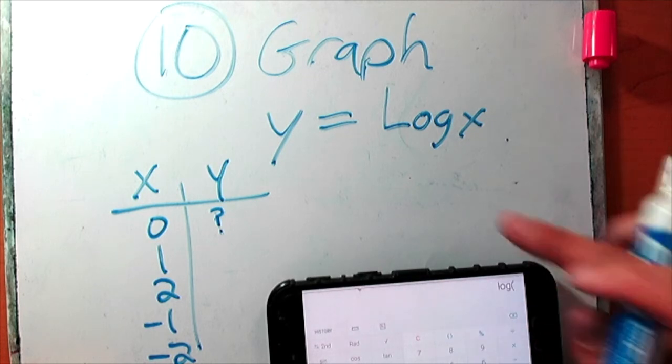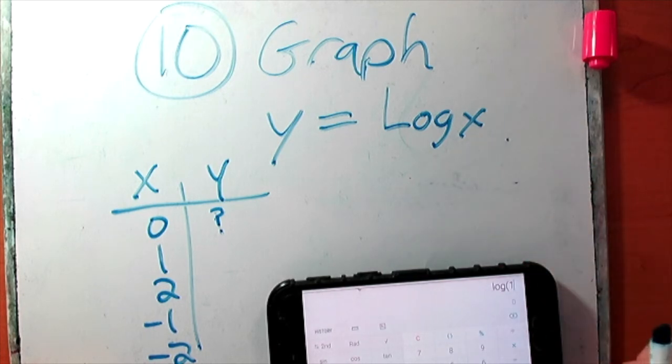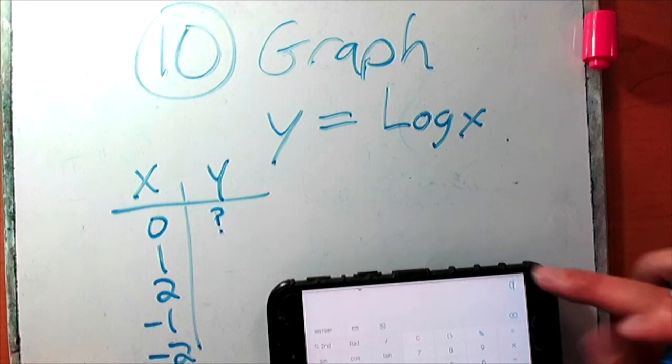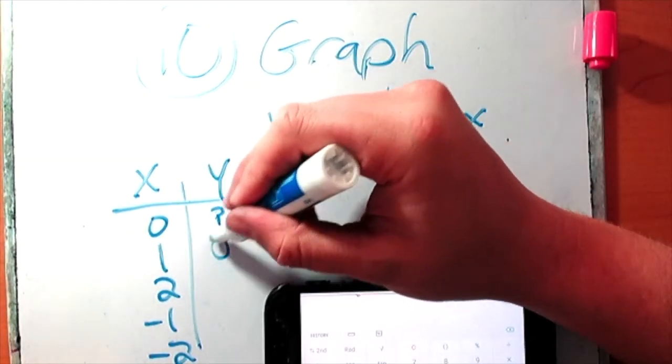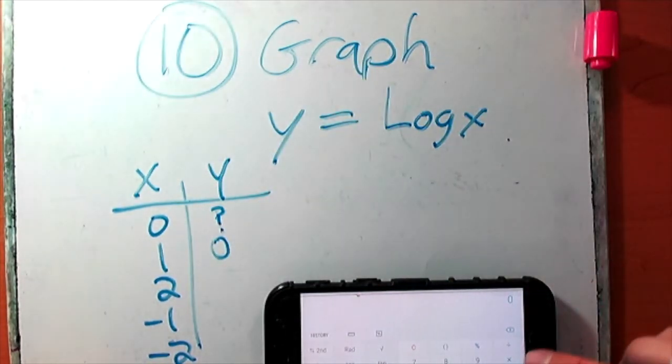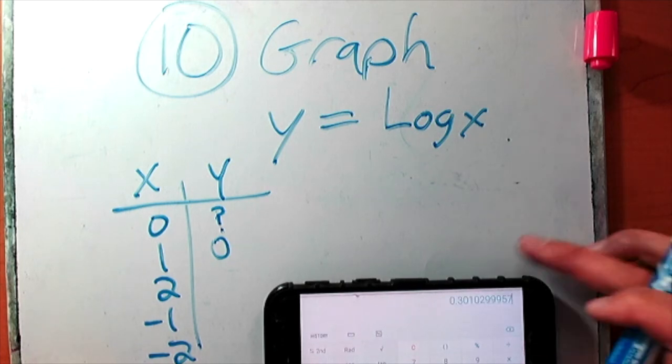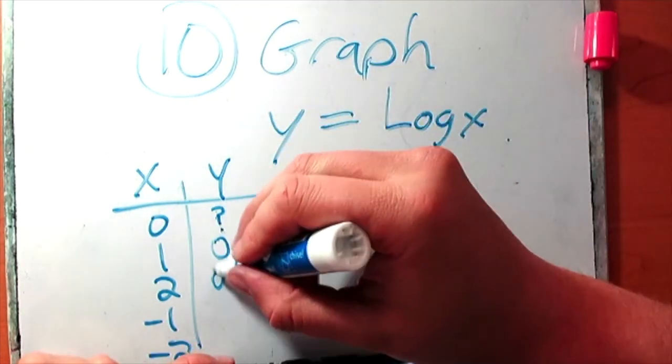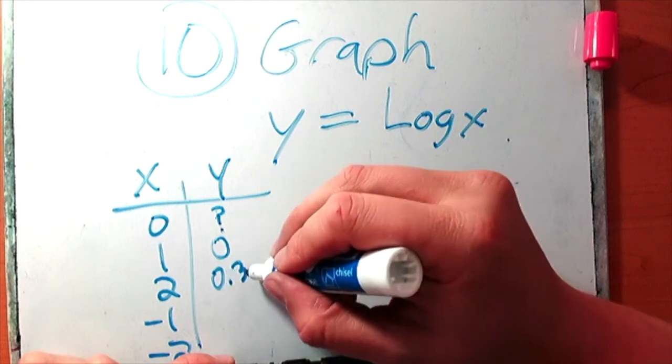Then log of, let's try 1. Log of 1 is 0. Now let's erase that and try log of 2. We're going to get 0.301.